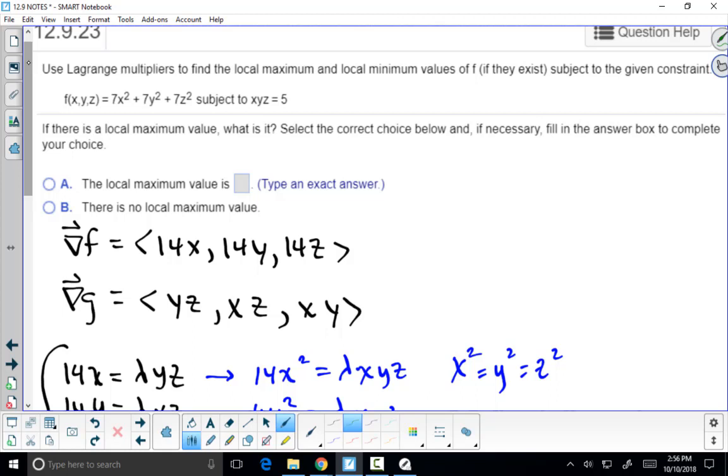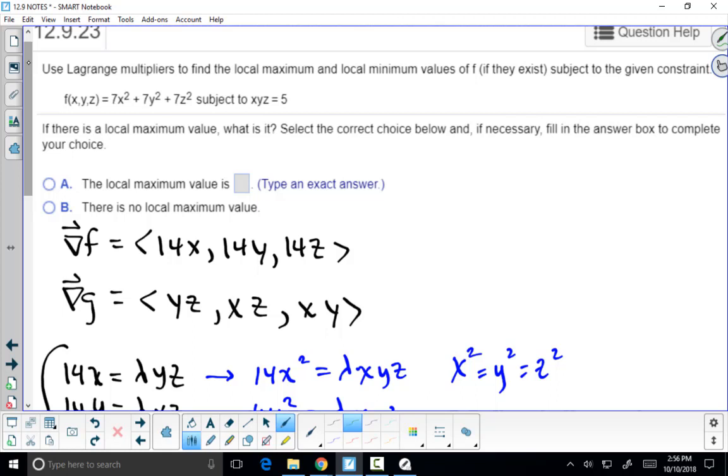Okay, we know that it's a min because we can make x as large as we want, right? We could pick x to be 1,000, and then to satisfy this equation, y and z would both have to be small. But if we can pick x to be 1,000, that's going to make this term very dominant, and then these guys will be close to 0.